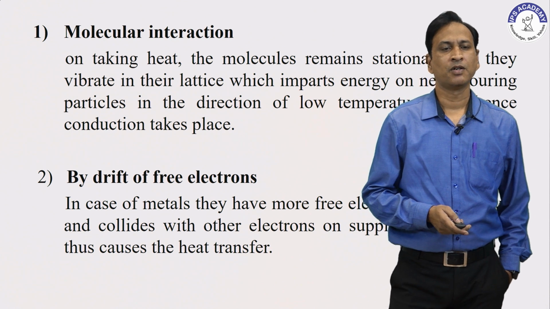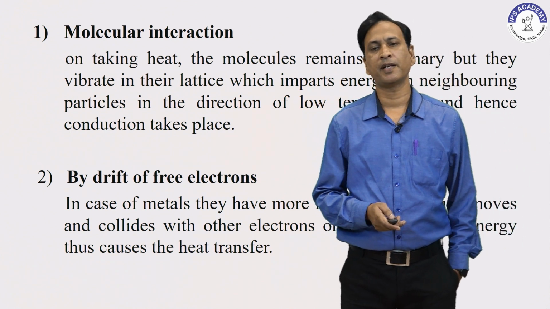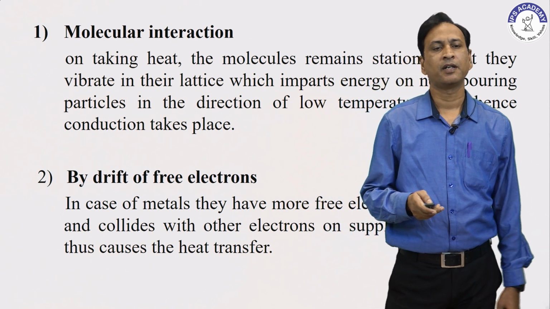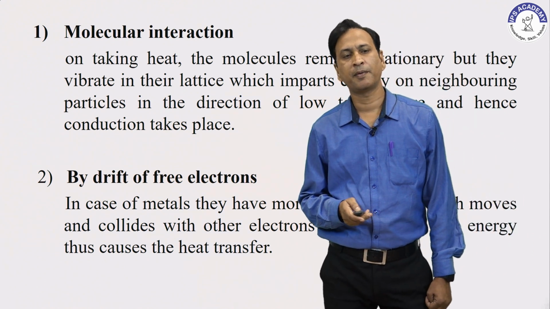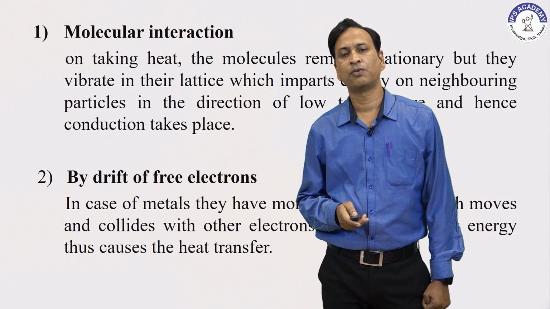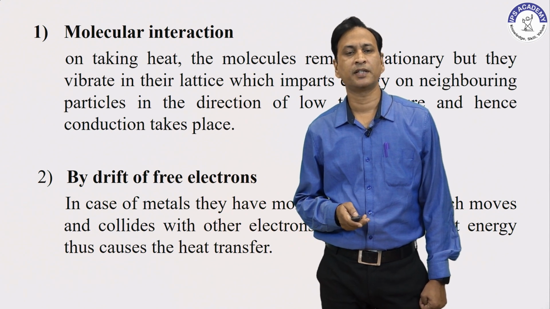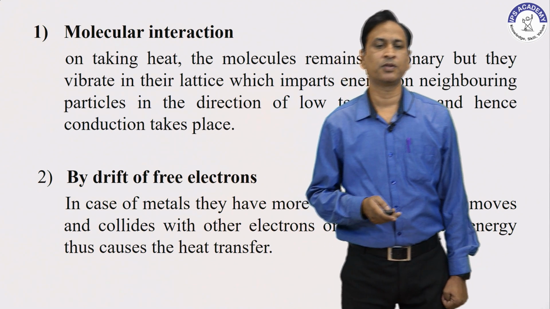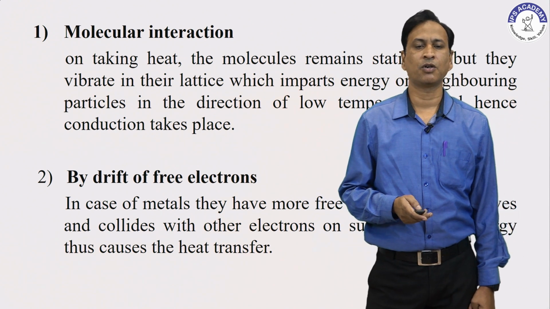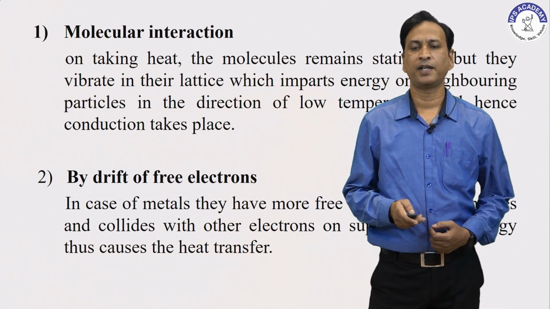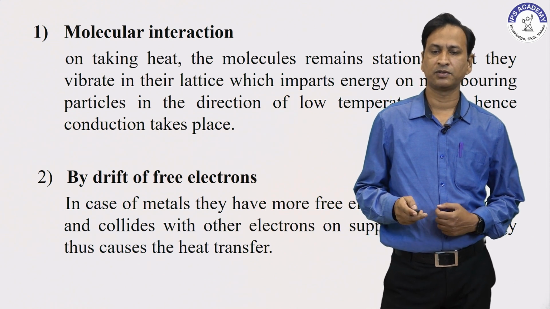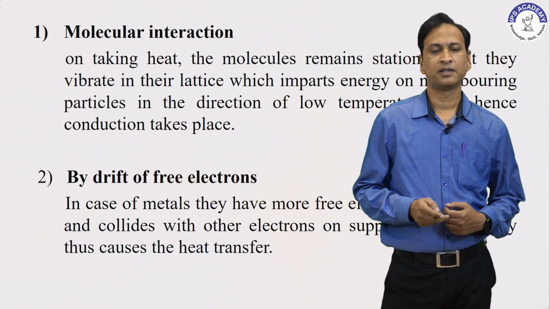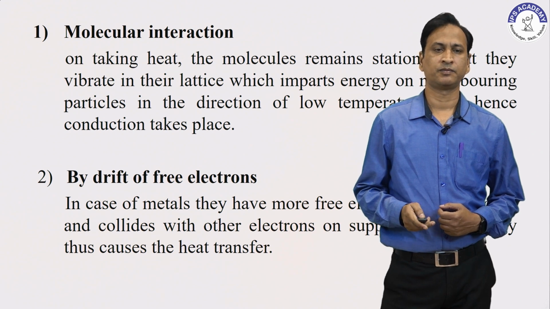In molecular interaction, on taking heat, the molecules remain stationary but vibrate in their lattice, which imparts energy to neighboring particles in the direction of low temperature. Conduction also takes place by drift of free electrons. In metals, there are more free electrons, which move and collide with other electrons on supplying heat energy, thus causing heat transfer.